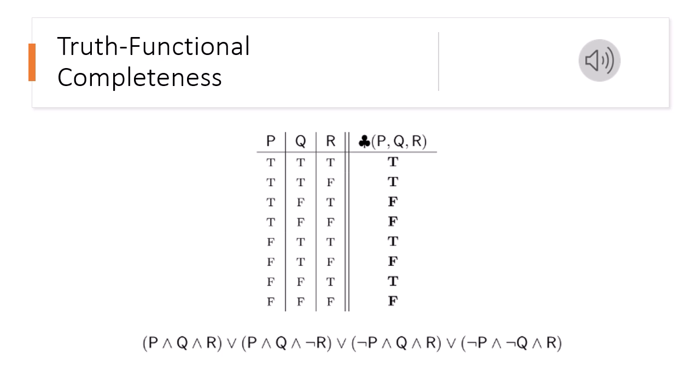Okay. And what you're seeing at the bottom of the screen is a formula in disjunctive normal form. So it's a disjunction of a bunch of conjunctions of literals. And it turns out that if you were to construct the truth table for that sentence down on the bottom, then you would get the same exact column of T's and F's that you see there for this new connective that we just introduced, this club symbol.